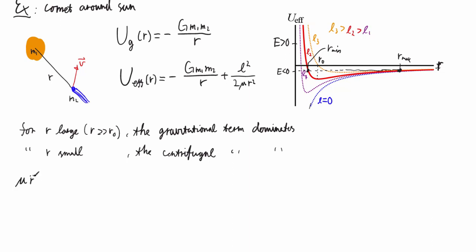Just to remind you, it was mu r double dot equals minus d/dr of U effective. Essentially, this is the mass times the acceleration equals the force in the radial direction. Although we know, as we've said already, that this force includes the centrifugal force.